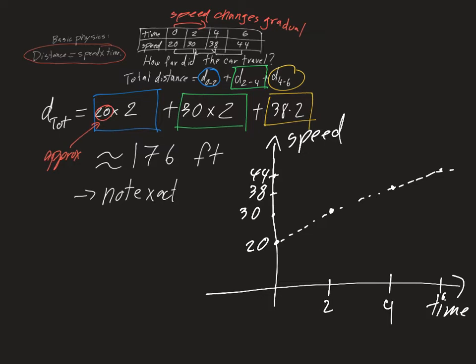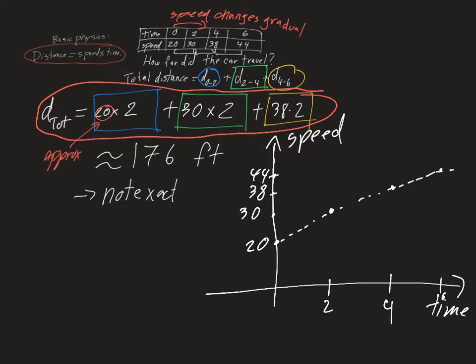And you'll note that what we've actually done here in this big formula, in this formula up here, our calculation of the total distance traveled, we actually did 20 times 2.